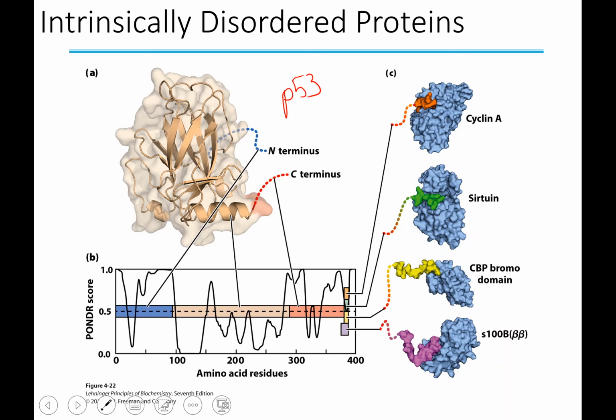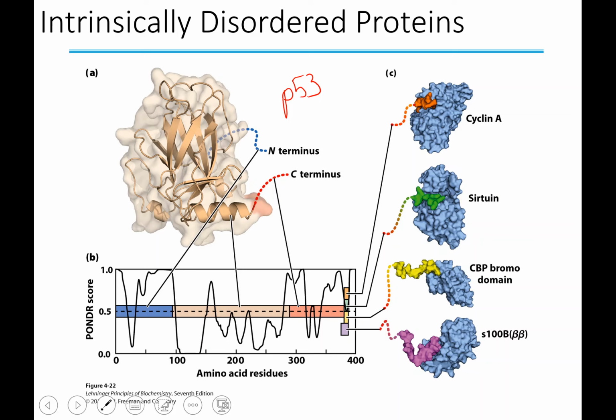Predictor of disordered regions. Okay, sorry about blanking on that, but you can see that when that score is higher, that means that region is more likely to be a disordered region. And the scores lower down here, the structures in those regions are very defined. P53 uses these regions to interact with different partner proteins.